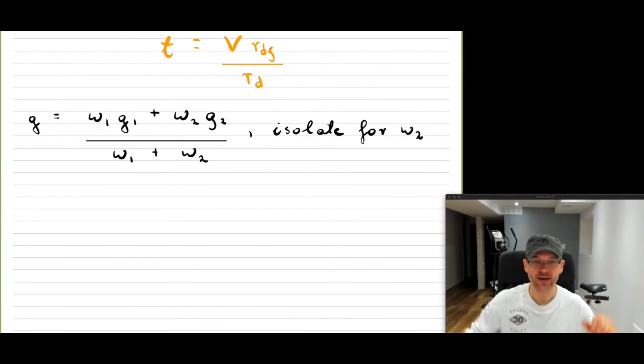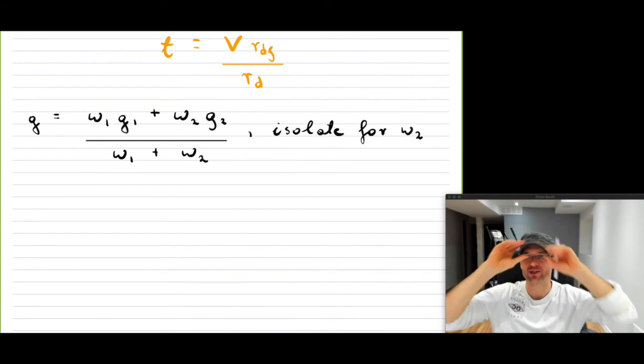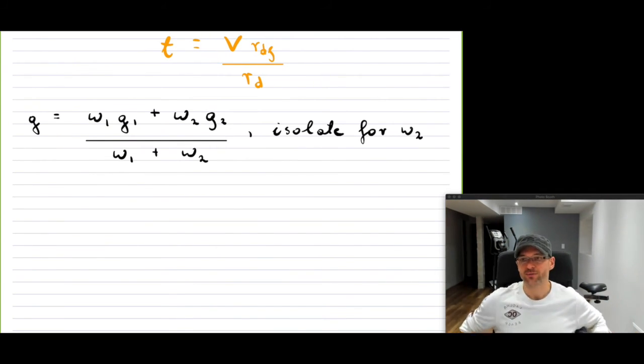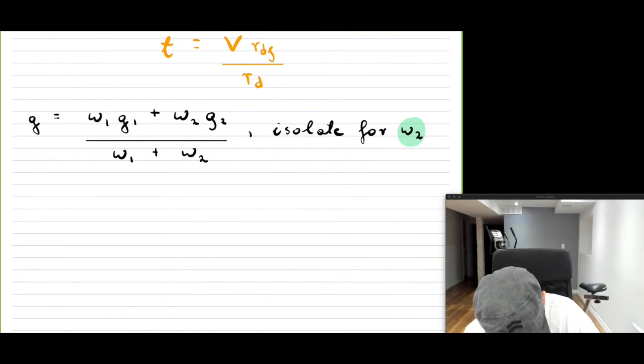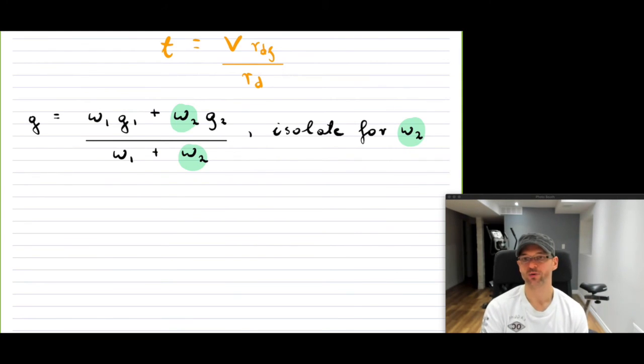So g, probably a grade, is equal to probably the weight of the grade of your first one, maybe a test, plus so on. We want to isolate for W2. We're stuck: we have it in the numerator and denominator.